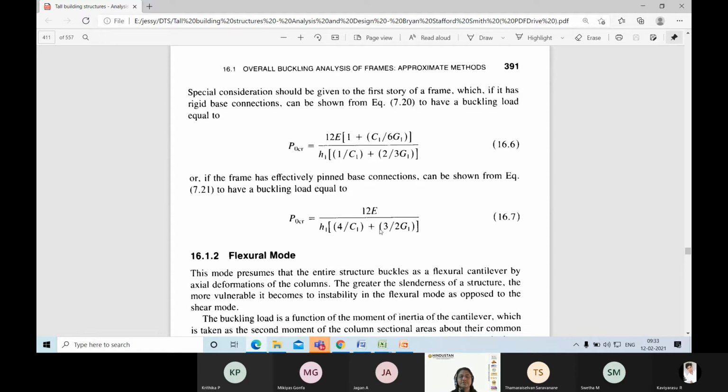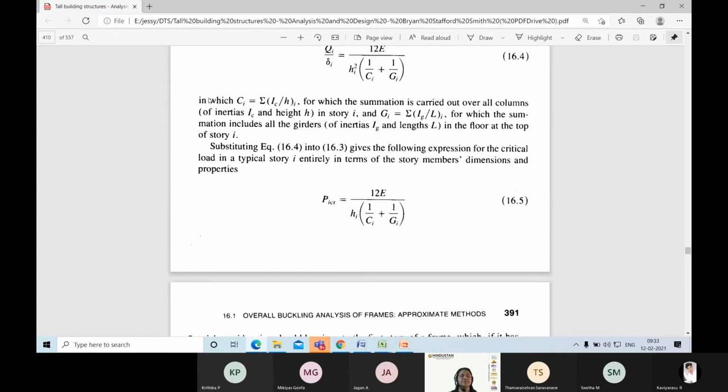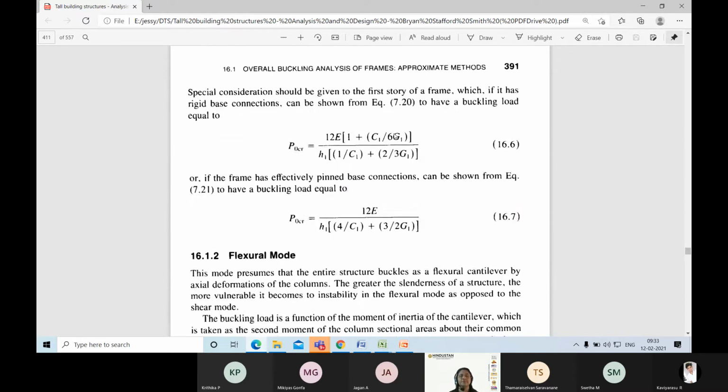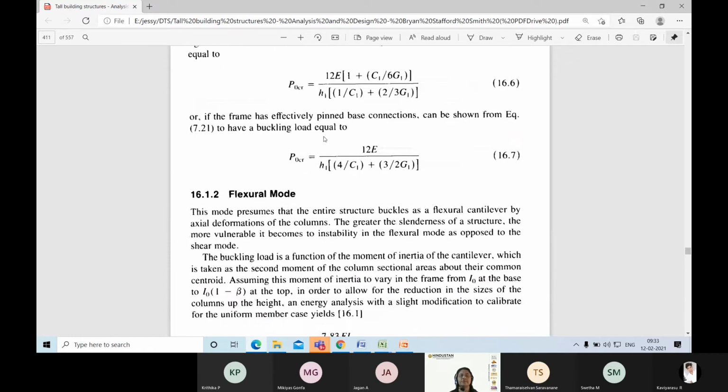C is equal to sigma Ic by H: sigma Ic represents the moment of inertia of all the columns together divided by the H. Similarly, G is sigma of Ig by L: Ig represents the moment of inertia of all the girders together by the length. With that you can calculate the buckling load for this combined effect.